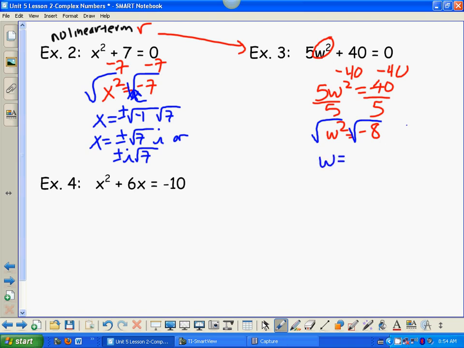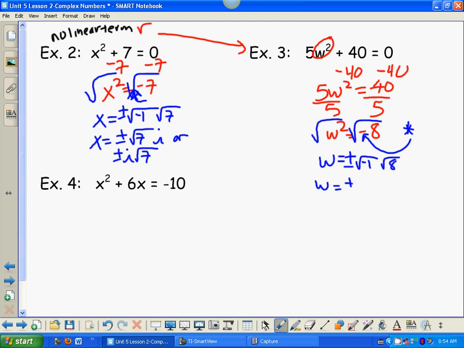And again, ding, ding, the negative underneath the square root indicates I have imaginary solutions. Nobody is going to be giving you directions on a test that you have to use the imaginary i in the answer. So it's still a plus or minus, and I'm going to get the square root of -1 times the square root of 8.